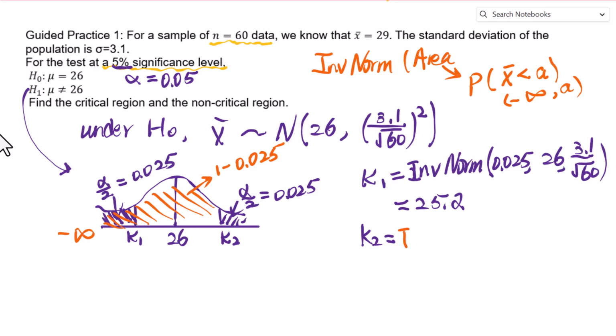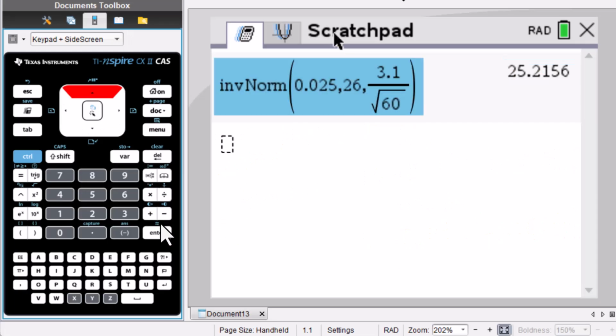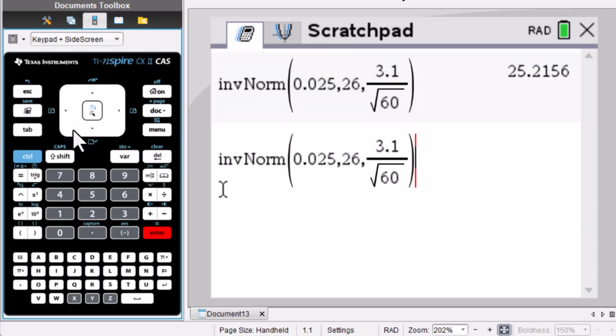So K2 equals inverse norm 1 minus 0.025, 26, standard deviation 3.1 over square root 60. Go up, pull down.